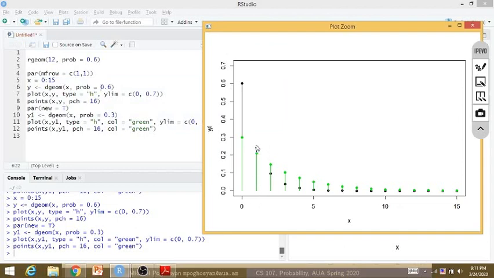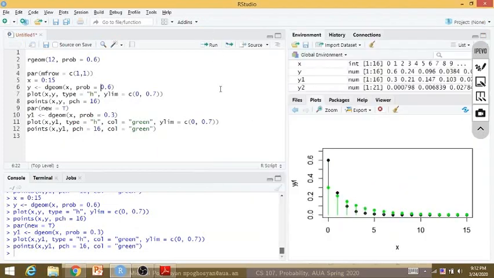So we have around 22% probability that we will have 1 failure before the first success, etc. So you can see that this probability is very high, but it is decreasing very rapidly. But for geometric with probability 0.3, we have the green version. The probabilities are decreasing more slowly.